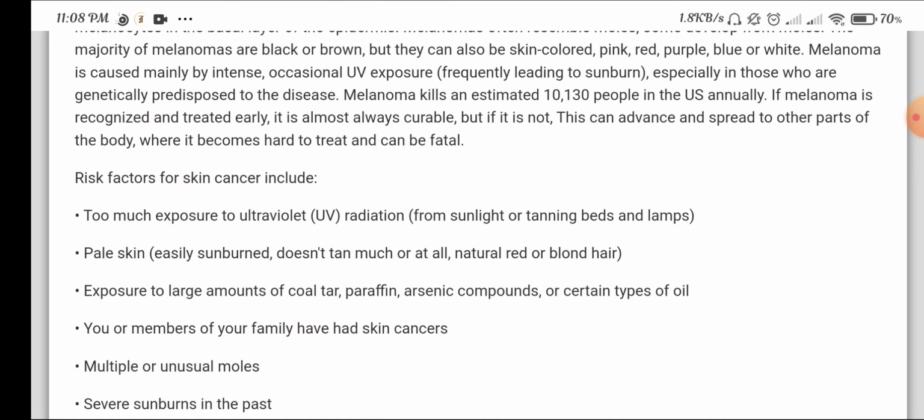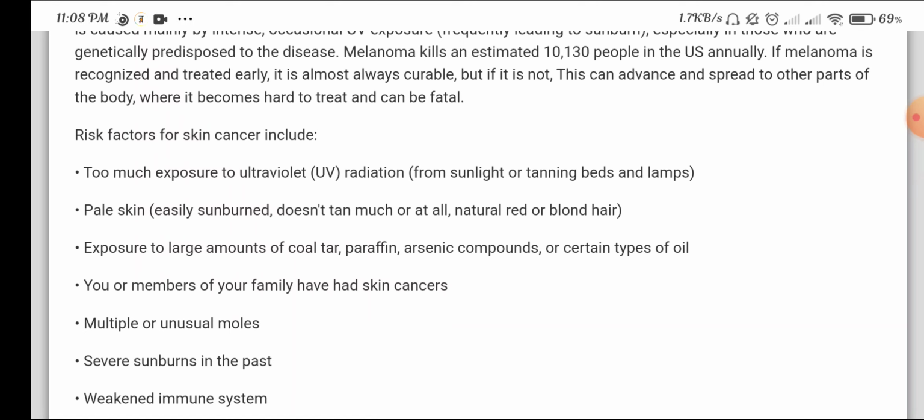Risk factors for skin cancer include: number 1, too much exposure to ultraviolet radiation from sunlight to tanning beds and lamps. Number 2, pale skin, easily sunburned, does not tan much or at all, natural red or blond hair.